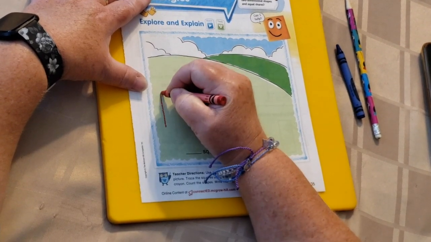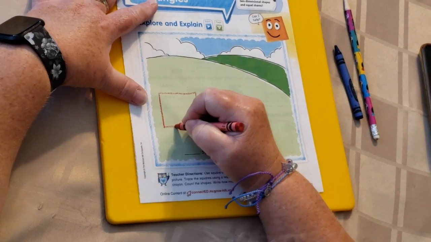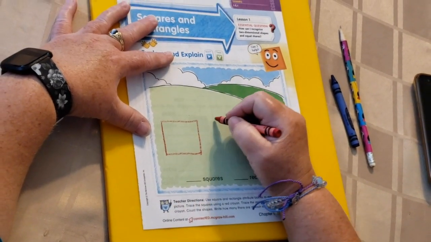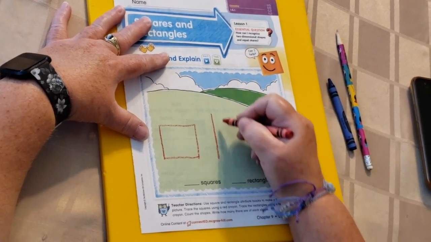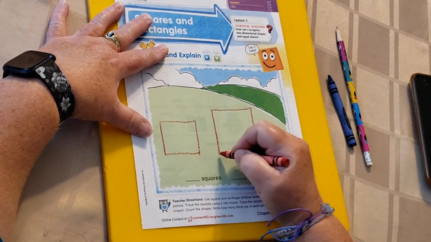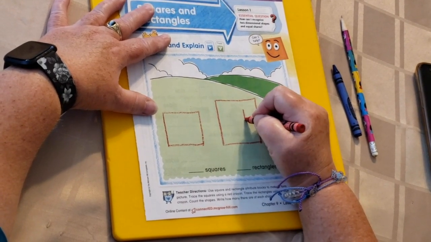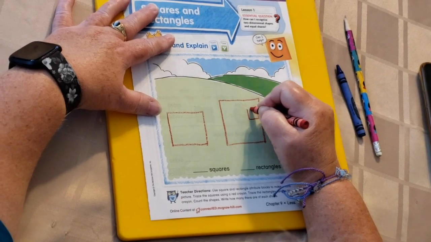So I'm going to start out with my square. And I'll make a bigger square over here. Those are my buildings. And I'll put a window in this building.